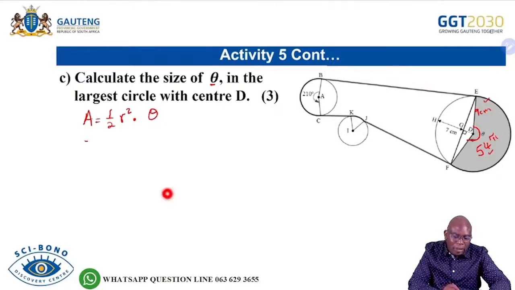So the area is 54 pi, the radius is 9 squared.